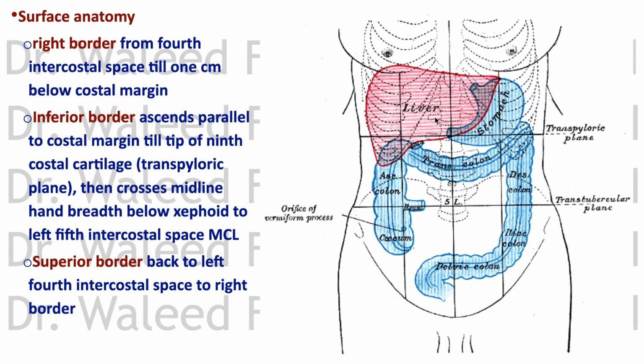This tells you how you proceed when examining the liver by palpation from below, or by percussion starting from the right fourth intercostal space mid-clavicular line. So these are the borders of the liver that demarcate the surface anatomy of the liver.